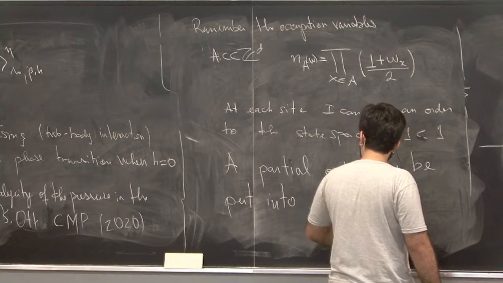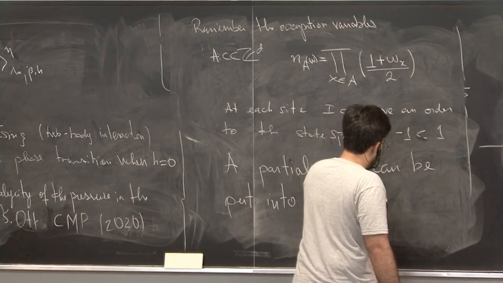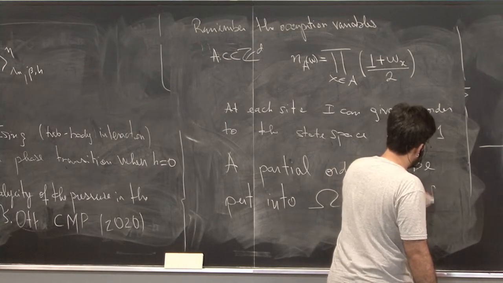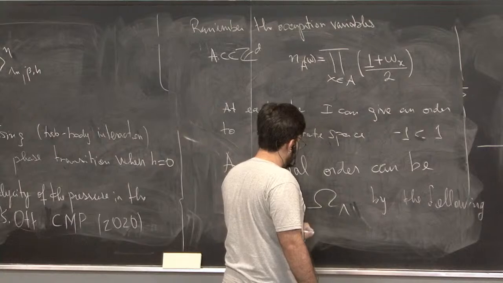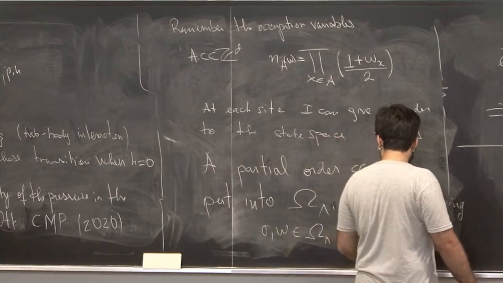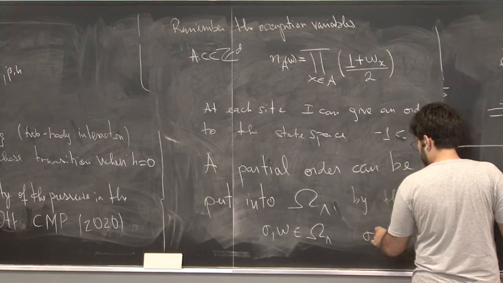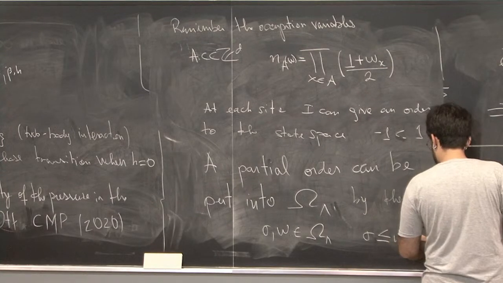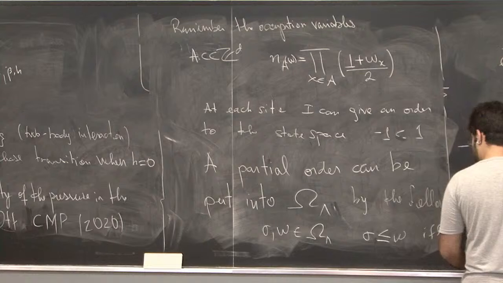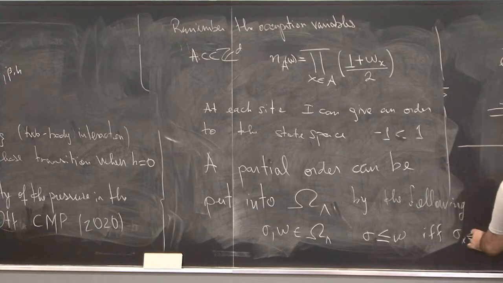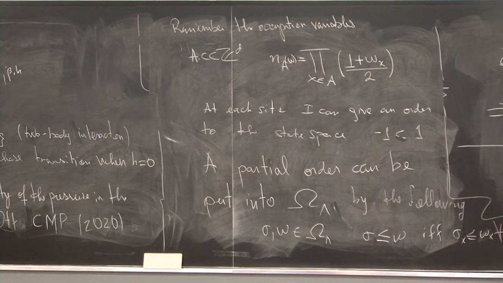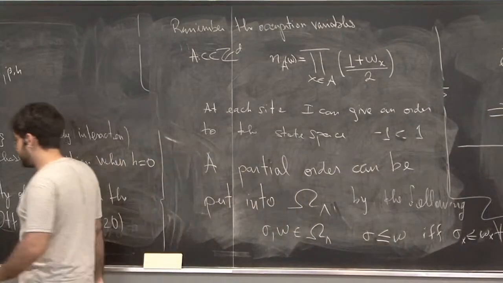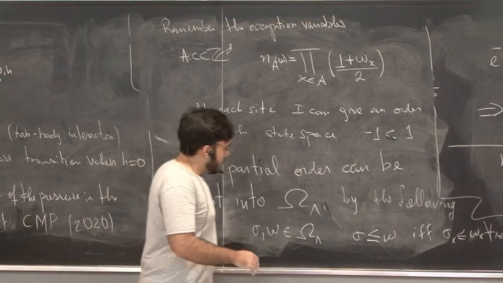And this partial order is given by the following. If I take two configurations σ, ω inside here, then I will say that σ is less than or equal to ω if and only if σ_x is less than or equal to ω_x for every x in Λ.